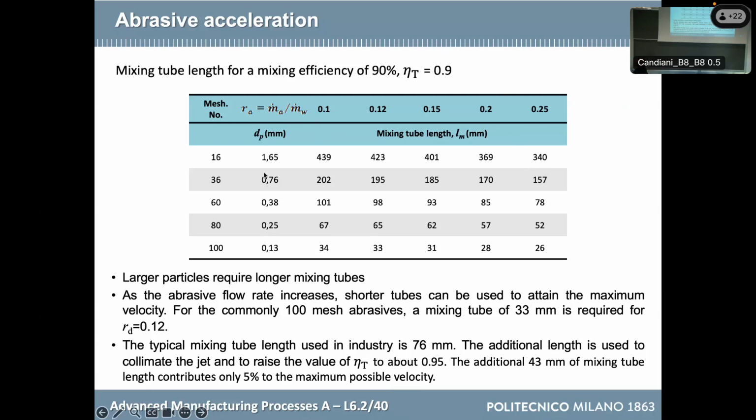And also there is a dependence on the diameter of the particles. This is the mesh number. For example, if we take a mesh number 100, which means that the diameter of the particles is 0.13, we see that with the loading ratio of 0.12, the focuser should be 33 millimeters long. But in reality, in commerce, you find focusers that are 3 inches long.